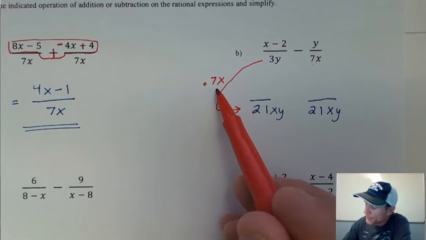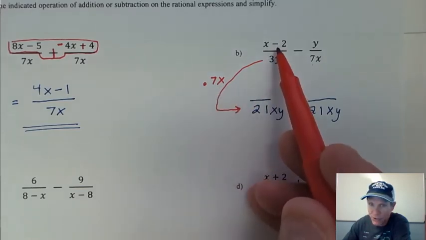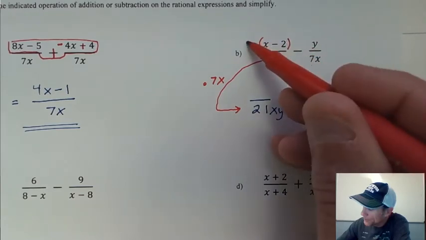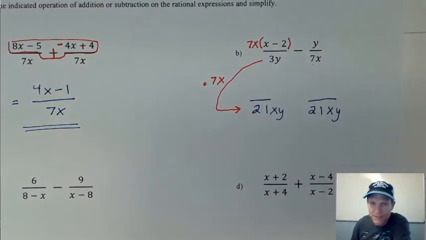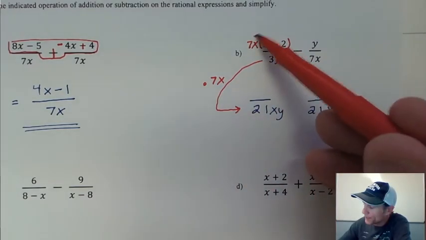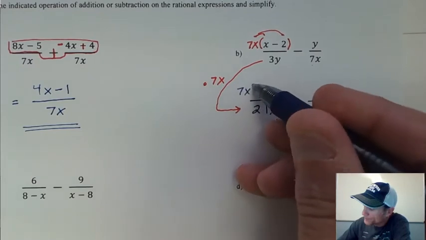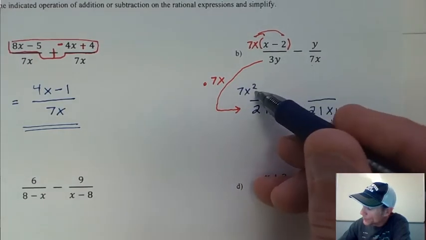Well, if I use 7x, I have to multiply this also by 7x. So I'm going to put a 7x next to it. That's the term I multiply by, and I'm going to use the distributive property to get my new numerator. Okay, so I get 7x squared minus 14x.